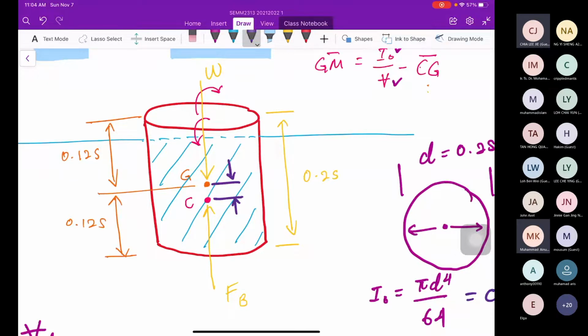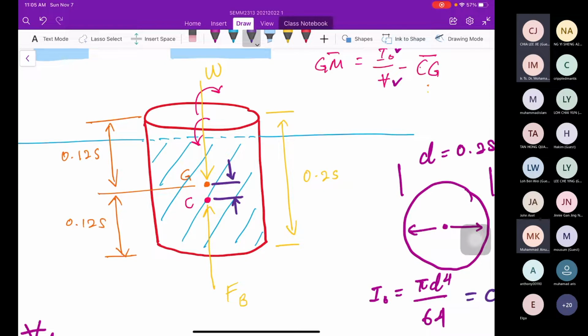0.01 divided by the volume displaced over pi r squared. Because the volume displaced is pi r squared times the length under the water. Yes, perfect.